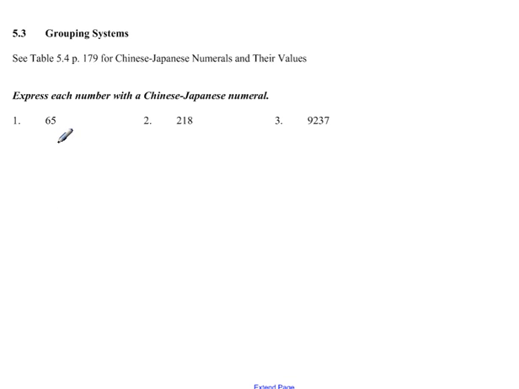The character for 6 looks something like this. It's not perfect, but we will get the idea. The character for 10 looks like a plus sign, and then the character for 5 looks like this. Okay, so what we want to do is confirm this.